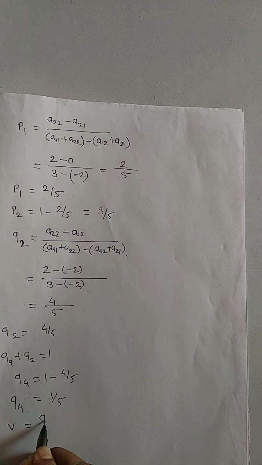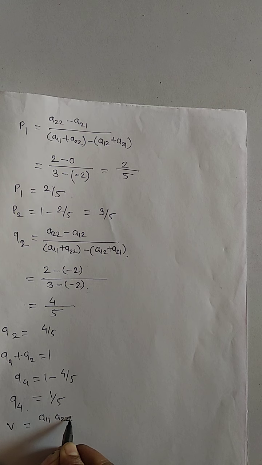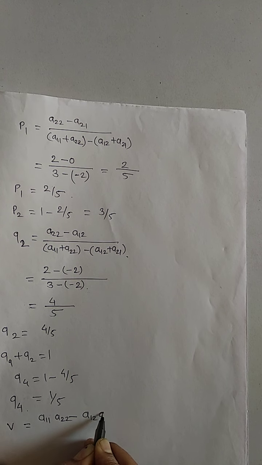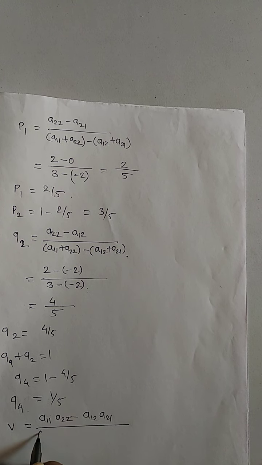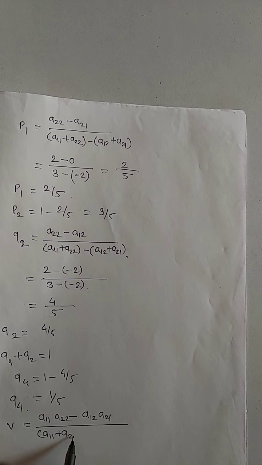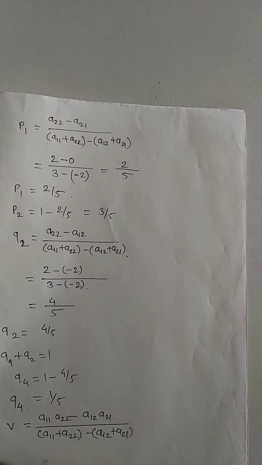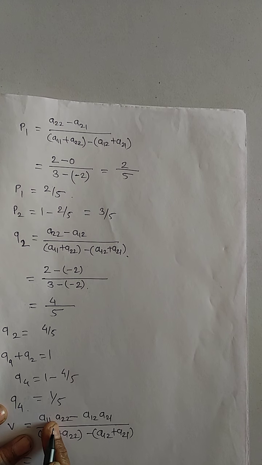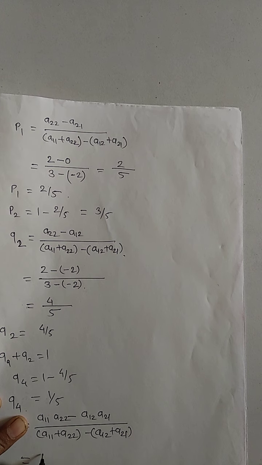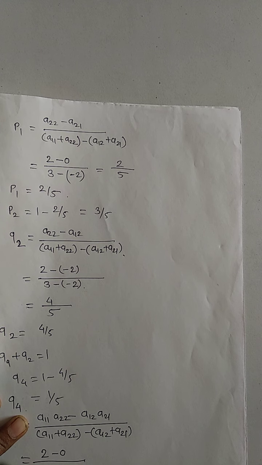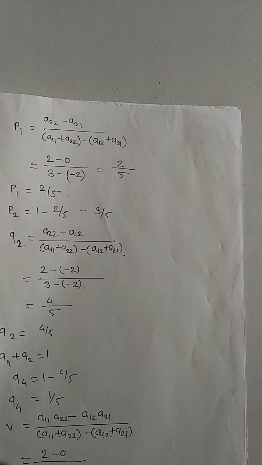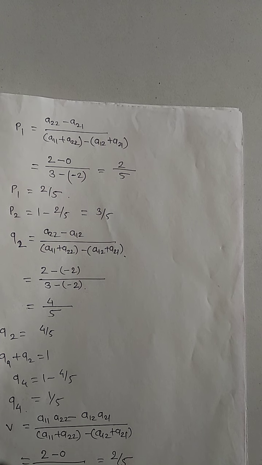V is equal to A11 A22 minus A12 A21 upon A11 plus A22 minus A12 plus A21, that is 2 minus 0 upon 5, that is 2 by 5. So V is equal to 2 by 5.